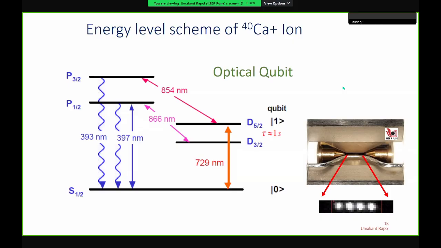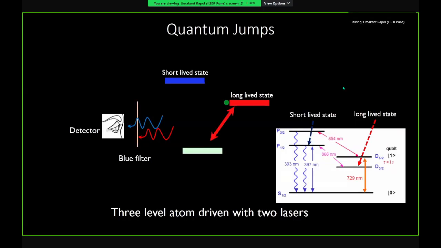So you basically crystallize the ions once you do the laser cooling, and then you have the quantum register, these bright spots of light that are emitted from the ions. And on each of the ions, you do the qubit manipulation by using this light at 729 nanometer. However, this has to be a very, very narrow line width laser, which is technologically a very advanced laser system as opposed to any other lasers.